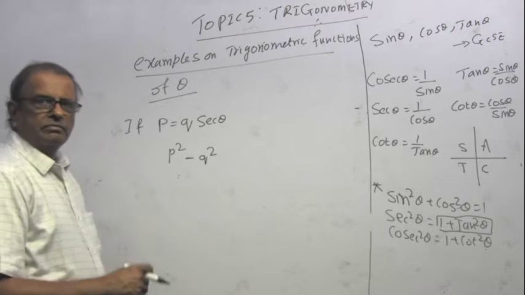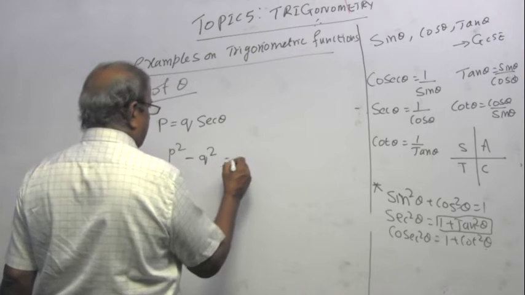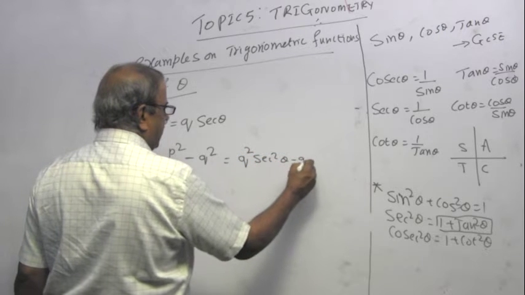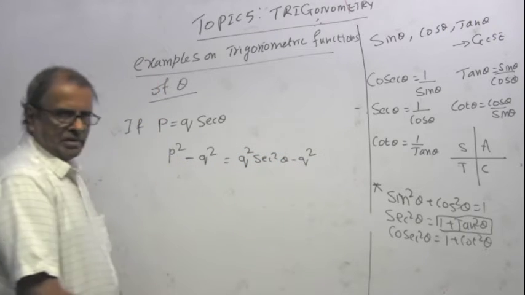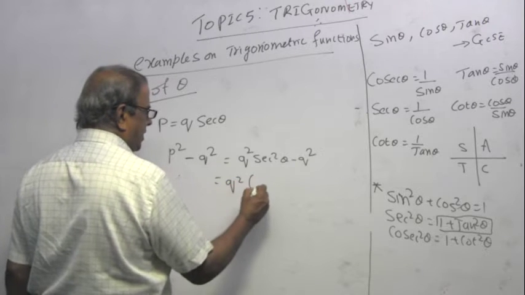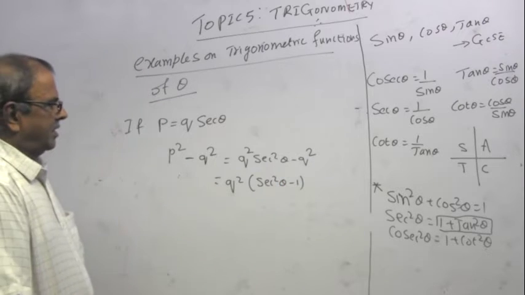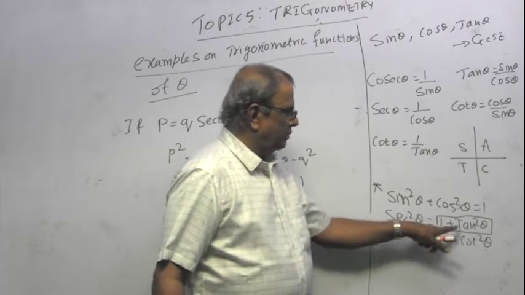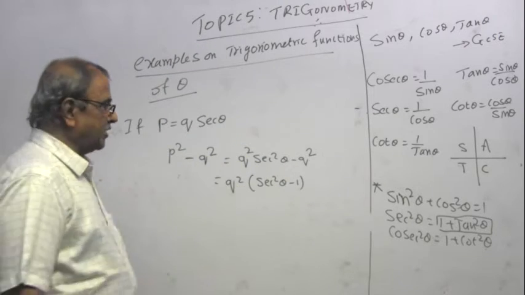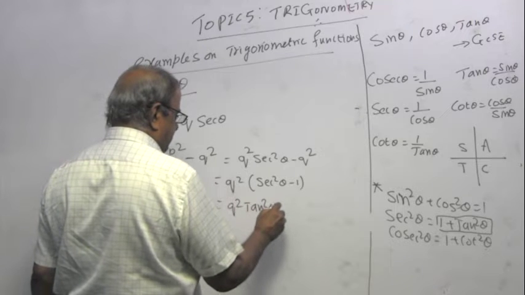That will be Q squared sec squared theta minus Q squared. Correct? Remove Q squared common factor. I get sec squared theta minus 1. Sec squared theta is 1 plus tan squared theta. So what is sec squared theta minus 1? Tan squared theta. So Q squared tan squared theta.